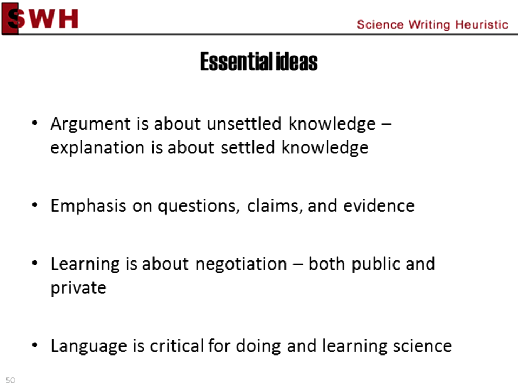And so if we just recap what we've talked about so far, our essential ideas and how we approach this is that argument is about unsettled knowledge, the emphasis on question, claims, and evidence, and it's about negotiation, both public and private, and giving space for both those, and language is critical. And that really is at the core of the work that we've been doing.